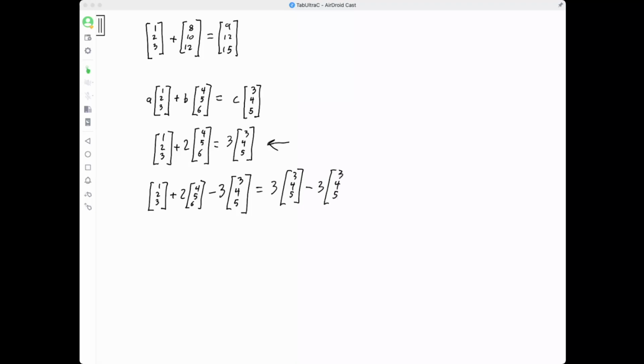I want to think about what the right-hand side of this equation is. I could rewrite this as 3 minus 3 times 3, 4, 5. And 3 minus 3 I know is 0.